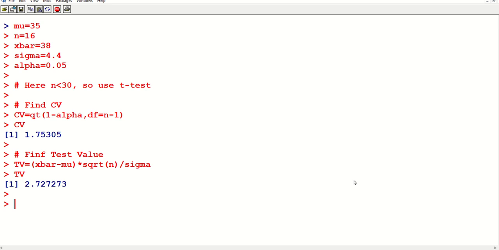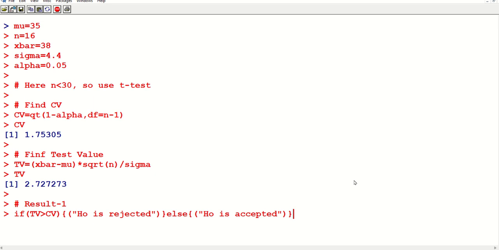Now you can write result 1. We are comparing test value and critical value. It is very easy. If the test value is greater than the critical value, it will be rejected. And here in this case it is rejected because the test value is more compared to the critical value.